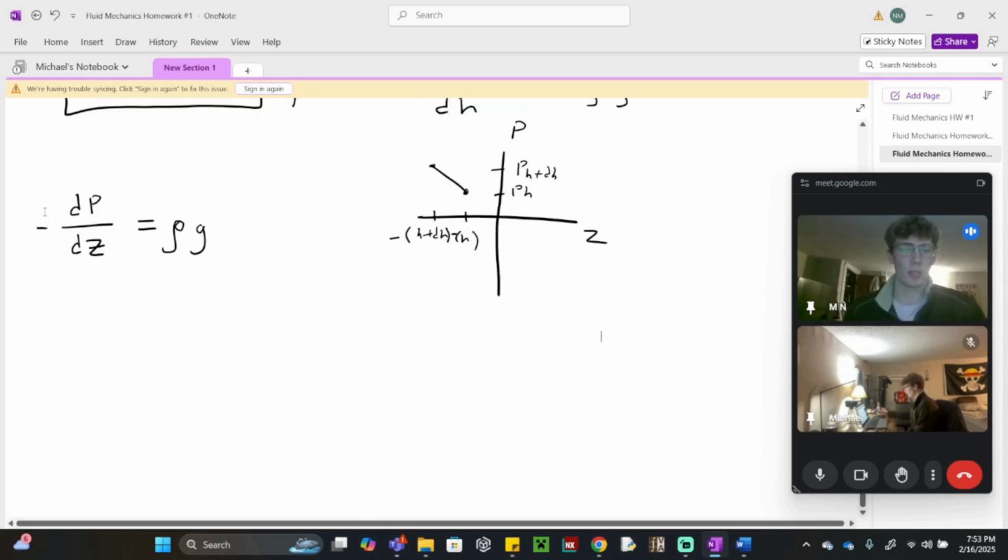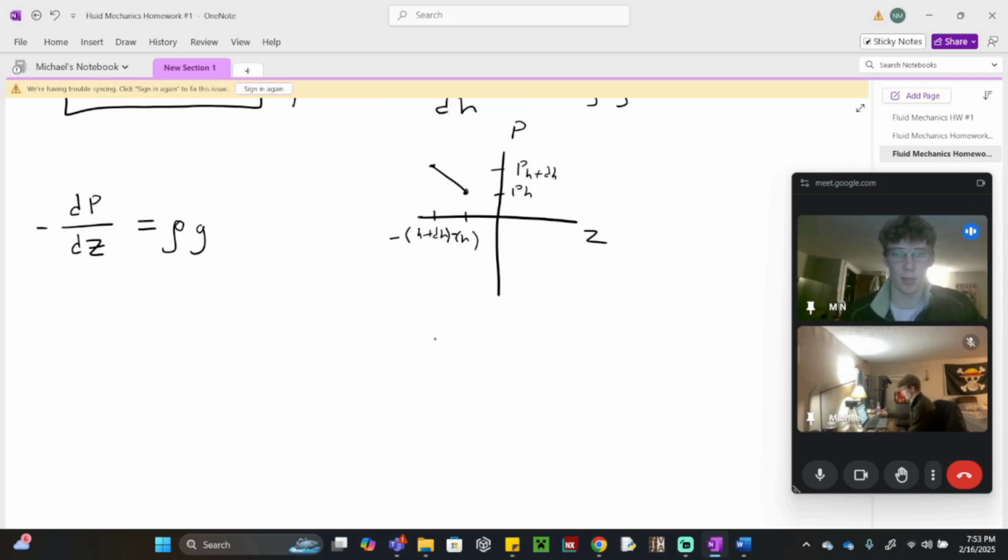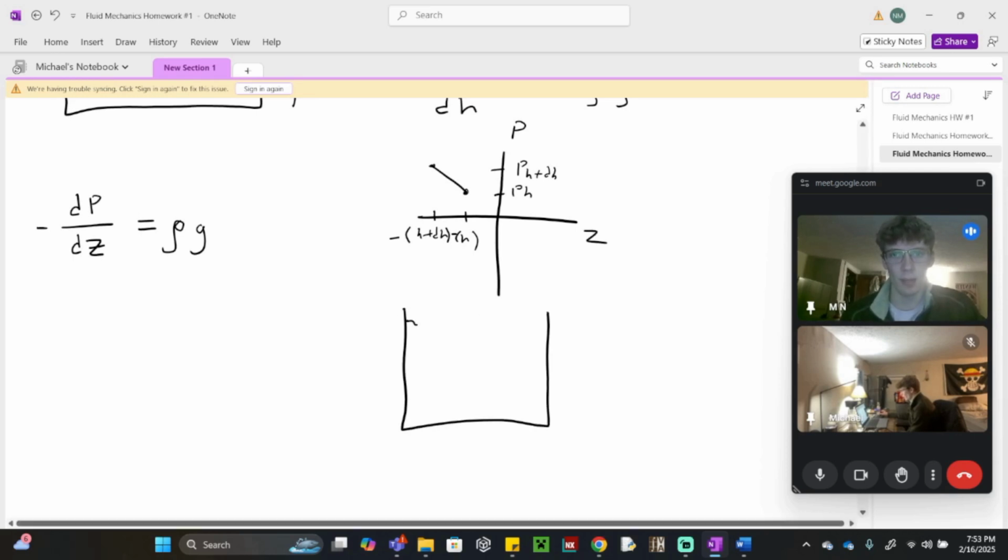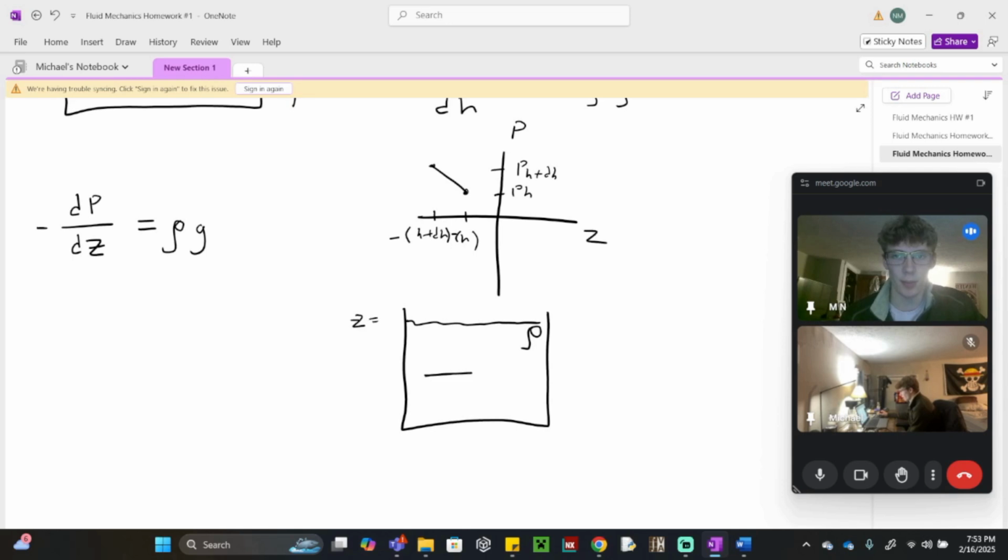So our next step is to begin integrating this equation. If we look back at a diagram here, we have our fluid of constant density, and we're trying to find pressure at this point. The pressure at the top of our fluid at z equals 0 is going to be equal to 0 Pa.